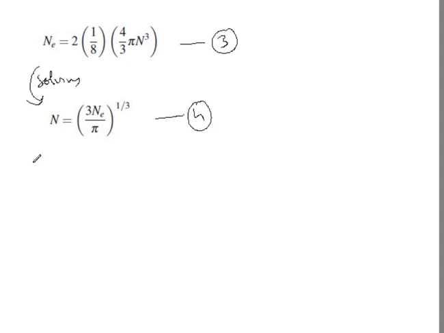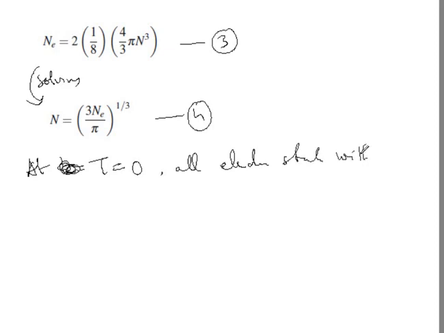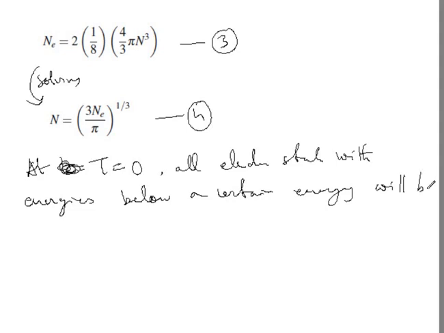At T equal to 0, all electron states with energies below a certain energy will be filled with electrons, and this energy is known as the Fermi energy.